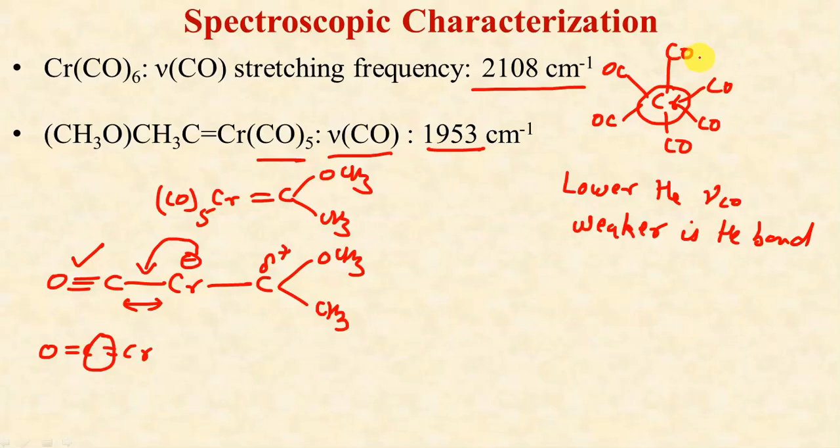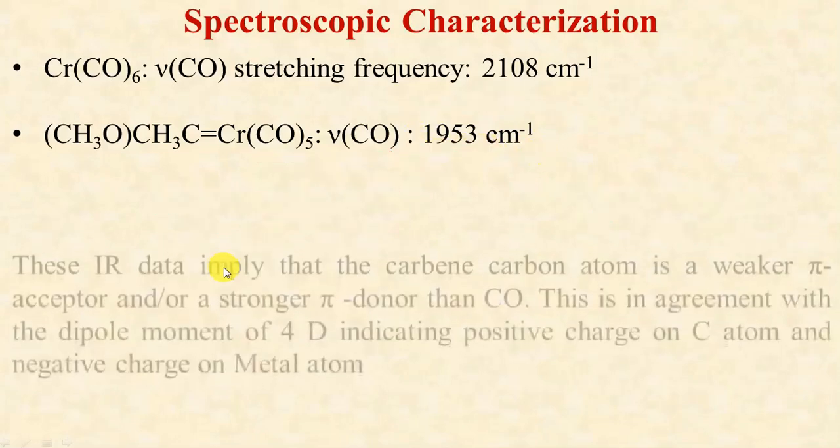So as compared to pure CO, we have a lower stretching frequency, with 2108 per centimeter in the case of the pure carbonyl complex. But in the case of carbene complexes, the transfer of electron density to the carbonyl carbon atom is much more as compared to carbonyls. So due to this, this chromium carbon double bond becomes much stronger, and consequently this carbon oxygen bond becomes much weaker, which results in the decreased nu CO value.